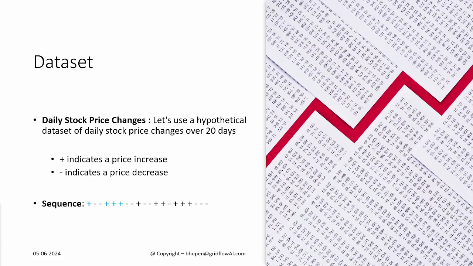Likewise for stock price data, a run can be considered in terms of the number of times the prices are increasing in succession and the number of times the prices are going down in succession. So one succession is one run. For example, here plus means the price increase, and minus means the price decrease.